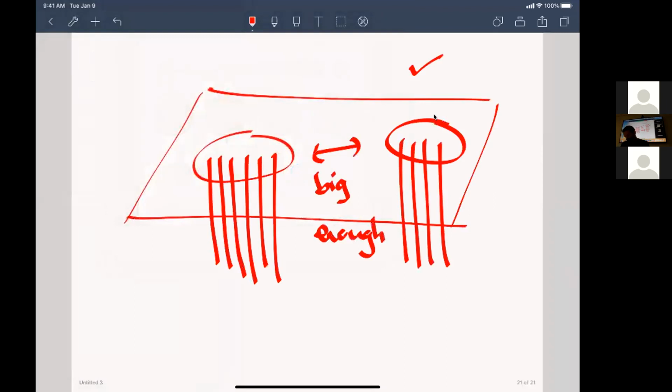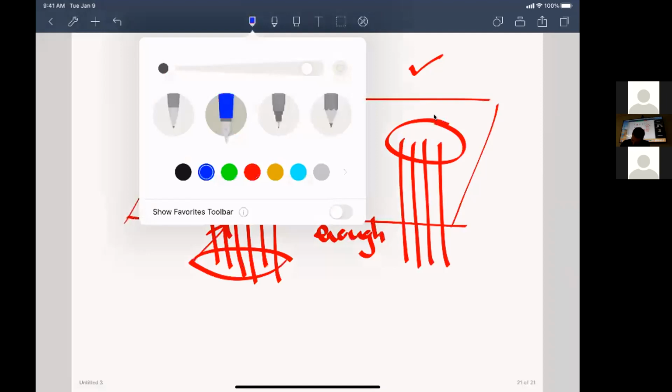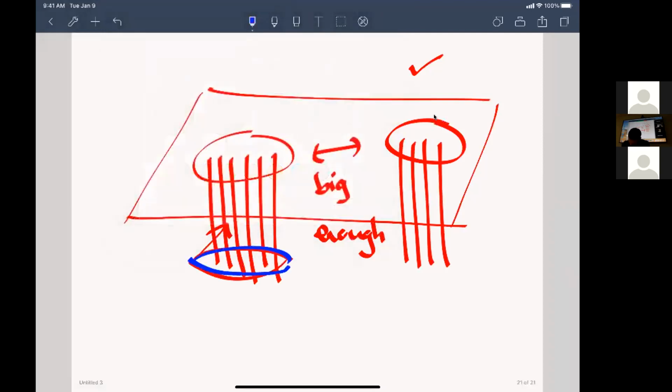Well, big enough is my colloquial way of trying to capture the assumptions in the theorem, which are that the null geodesics emanating from this surface, so let me draw a different color, right?